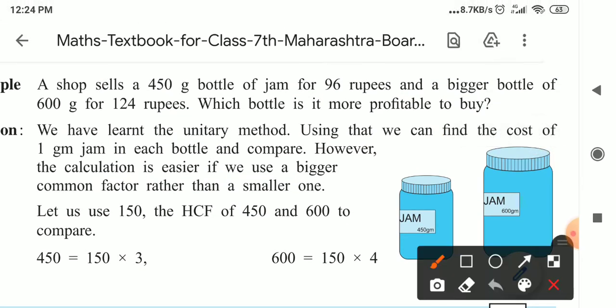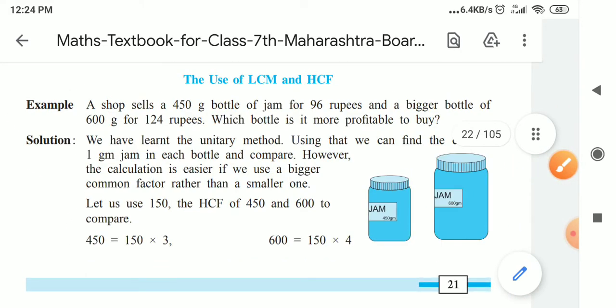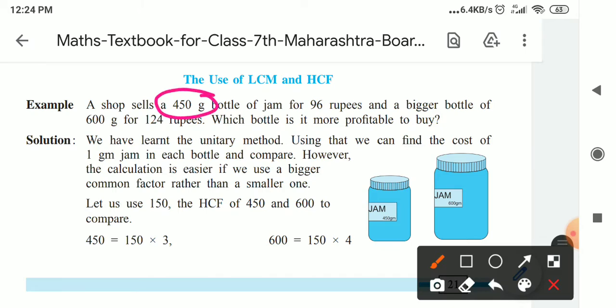So this is the example, and here what we have to do is find out, if we buy the 450 grams bottle for 96 rupees or the 600 grams bottle for 124 rupees, which is profitable for us.